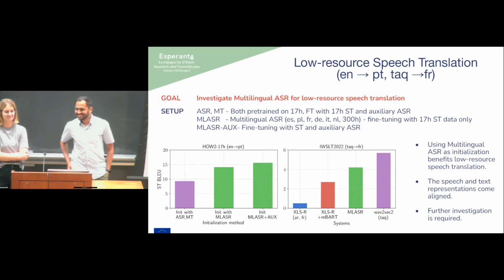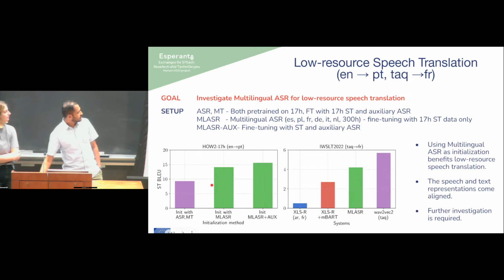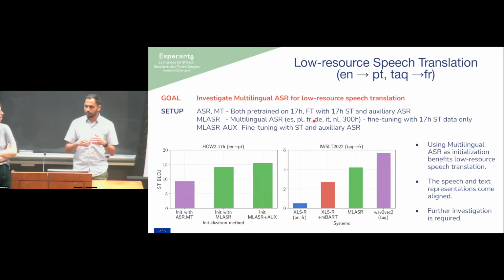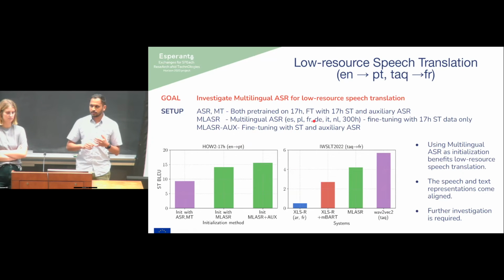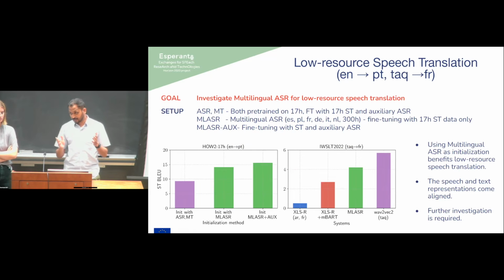So here one reason is that in our pre-trained model, we have languages that are close to Portuguese. Oh, you do. We don't have Portuguese in here, whereas in this case, we actually have French in our pre-training data. So the language model kind of knows how to produce French text, and we believe that could give us this benefit.